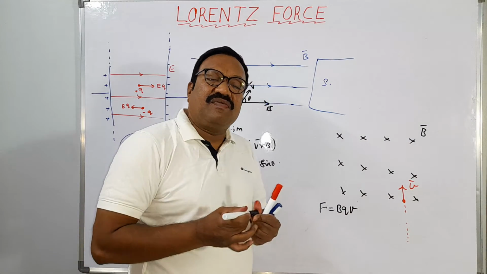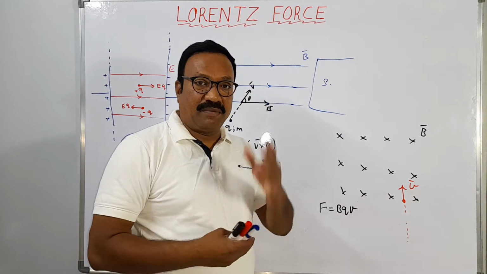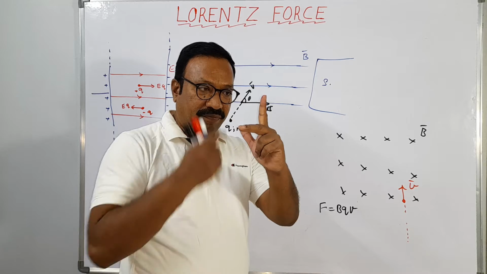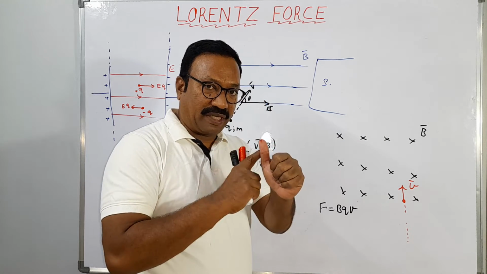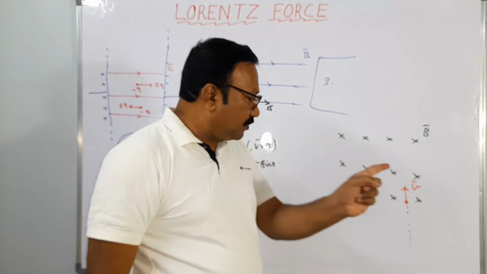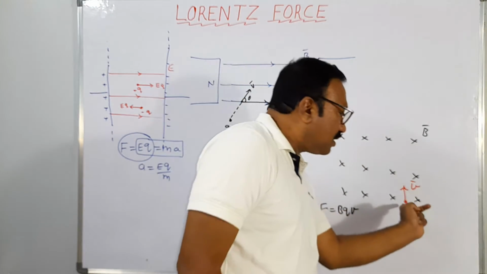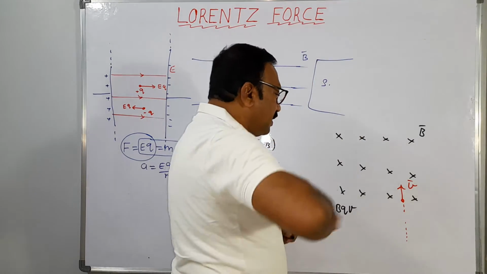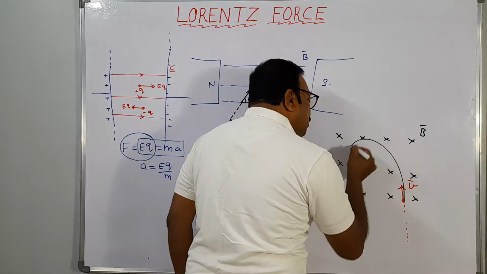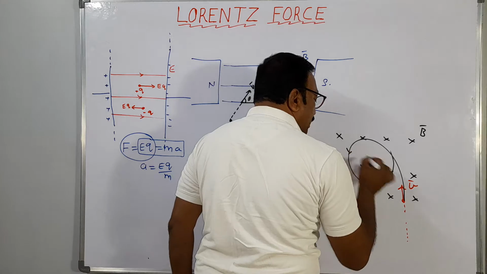And the direction of force is given by Fleming's left-hand rule: magnetic field, velocity of the positive charge, and force acting on the positive charge. So the magnetic field is inward, the velocity of the charge is upward, so it bends towards the left. Therefore, this particle has to move in a circular motion like this.